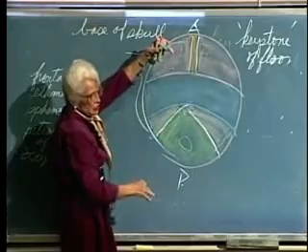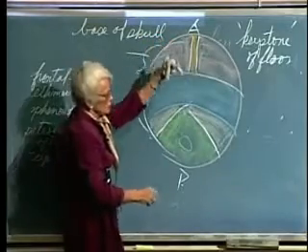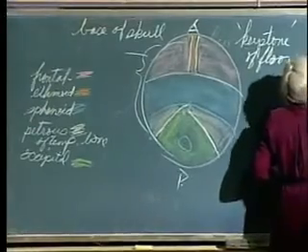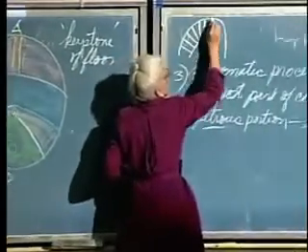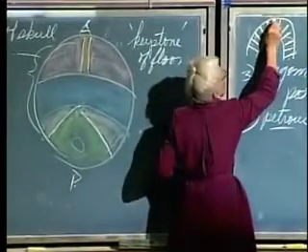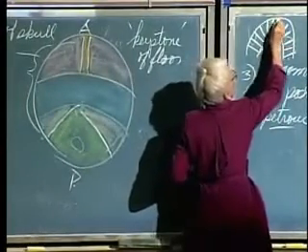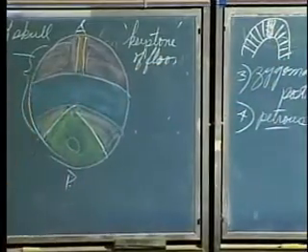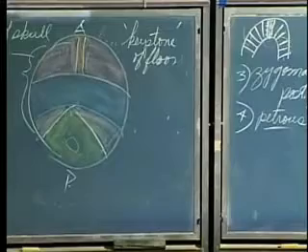Have you ever built an arch? Do you know what the keystone of an arch is? Sure. You've got an arch like this, and you've got the bricks like this. You take out this brick, and everything else falls down. That's a keystone. The sphenoid is the keystone of the floor.